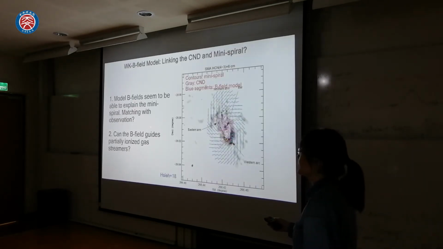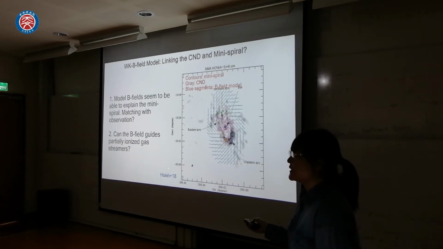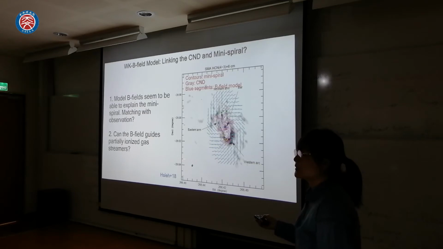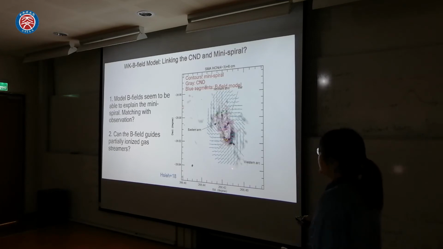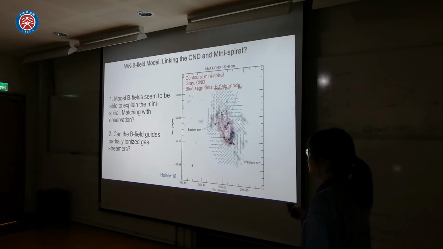So then the next step is we try to understand, since the B field lines are important in the CND, whether the B field lines are also important, whether there is some connection between the CND and also the Mini-spiral. So the blue segments are the model.